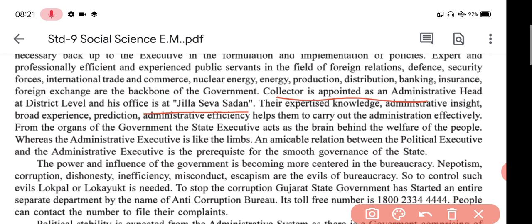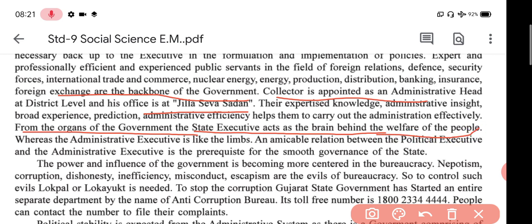Then, these all, like energy, production, distribution, banking, foreign exchange, are the backbone of the government. Then, from the organs of the government, the state executive acts as a brain behind the welfare of the people.